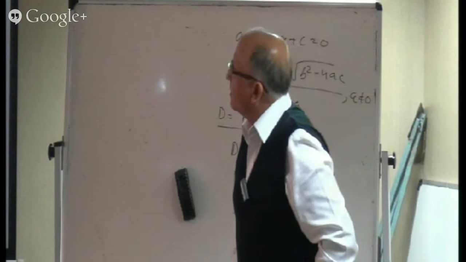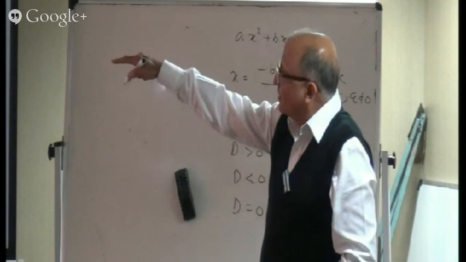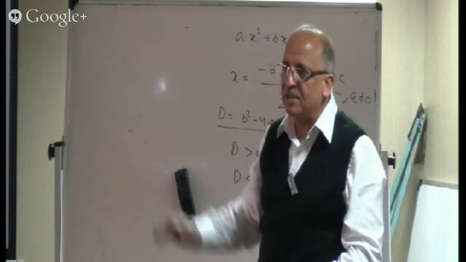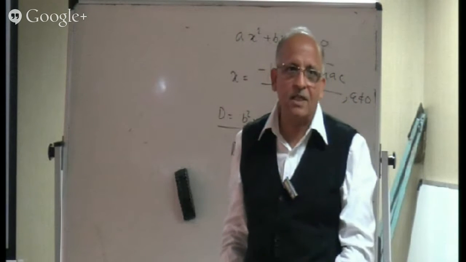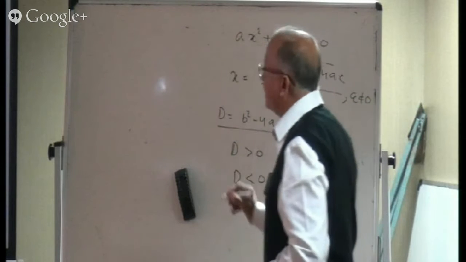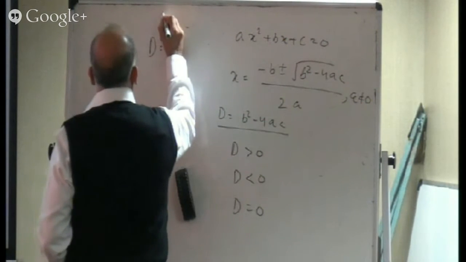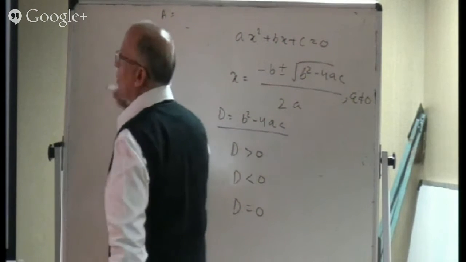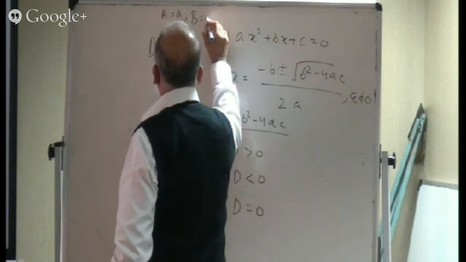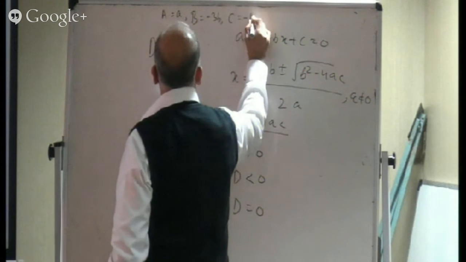So when in a question the choices are like this, you have to find out whether they are real and equal, pure imaginary. That means it has got something to do with the discriminant. So we can find the discriminant of this equation. What is a? The coefficient of x square is small a, the coefficient of x is minus 3b, and the constant term is minus 4a.